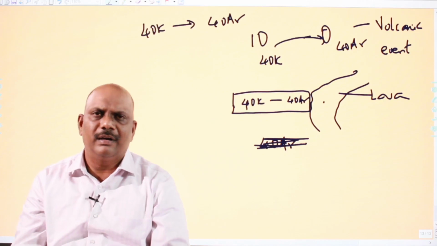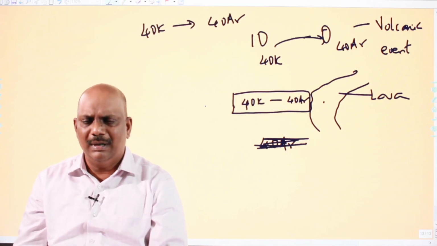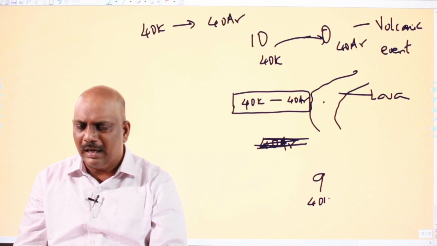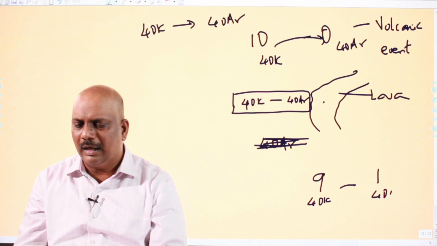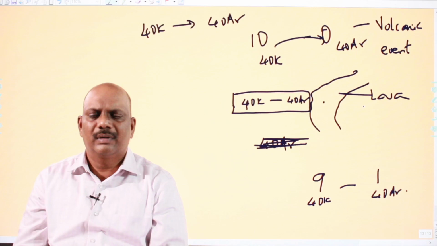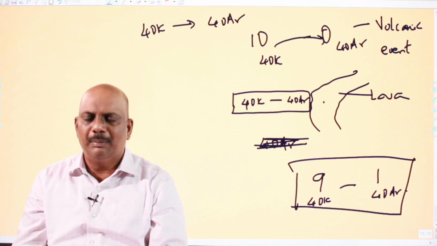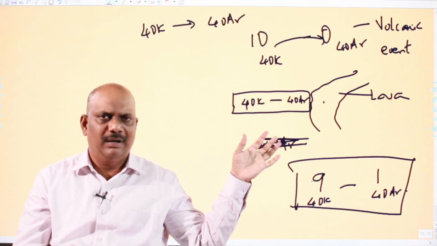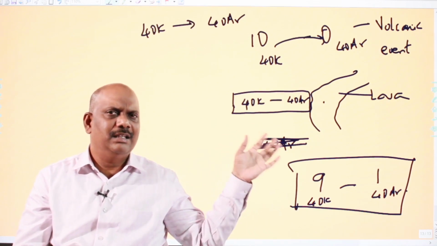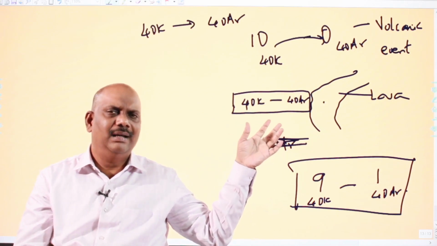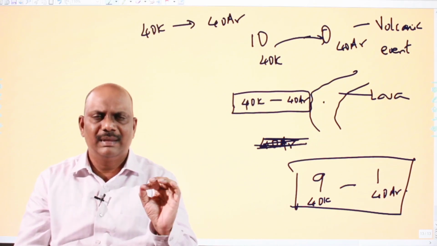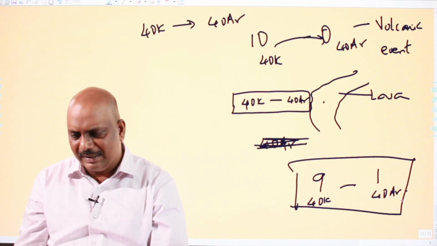So maybe after 100 million years, we may find here 10 units of 40K and 1 unit of 40 argon. By comparing the potassium and argon present in the environment, we can estimate the age of the minerals in the rock and ultimately the age of the fossil.